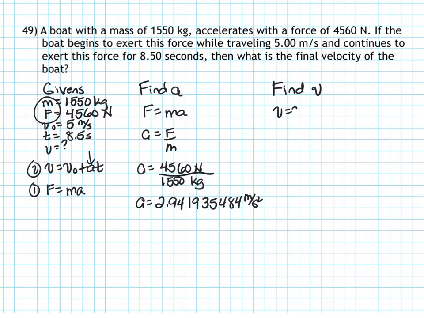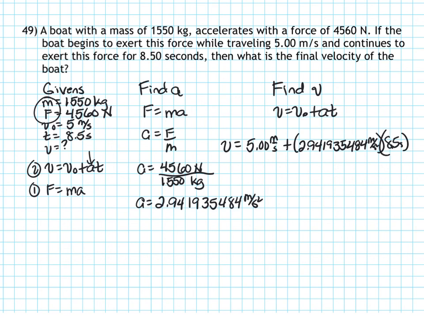So I'm going to use V equals V naught plus AT. I don't need to isolate the unknown because it's already given to me that way. I know I need a lot of room, so I'm going to write it over here. V is equal to V naught, which is 5.00 meters per second, plus the acceleration, 2.941935484 meters per second squared, times 8.5 seconds.